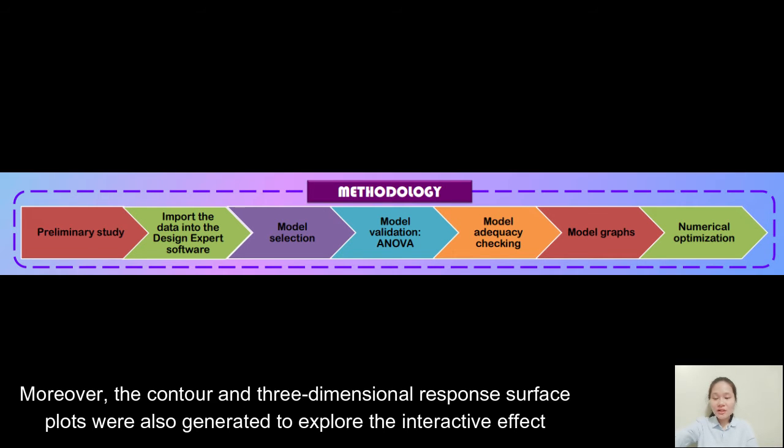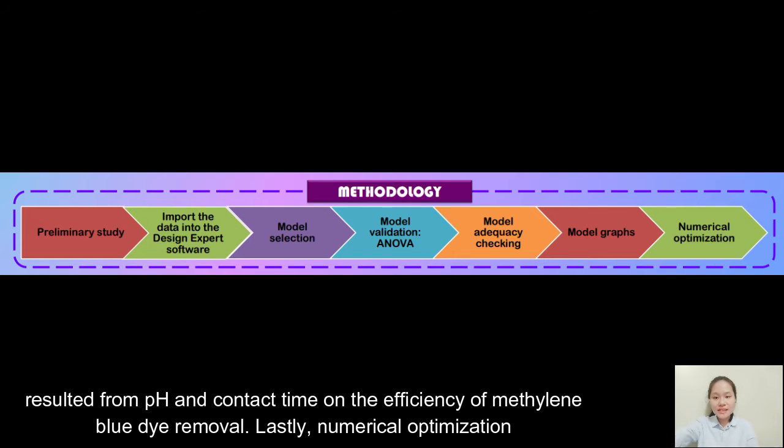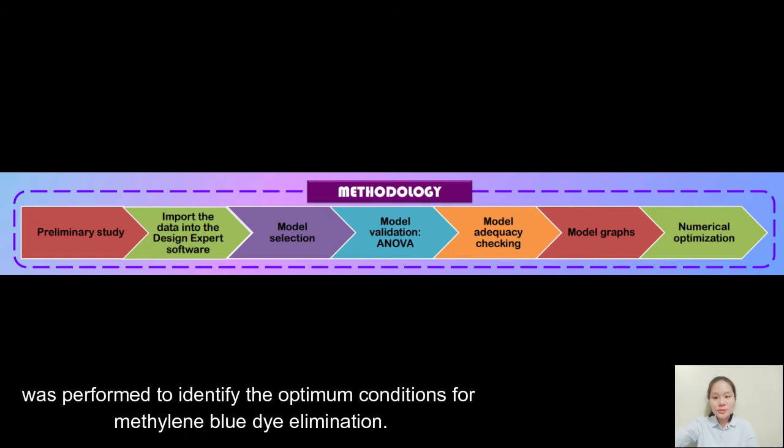Moreover, the contour and three-dimensional response surface plots were also generated to explore the interactive effect resulted from pH and contact time on the efficiency of methylene blue dye removal. Lastly, numerical optimization was performed to identify the optimum condition for methylene blue dye elimination.